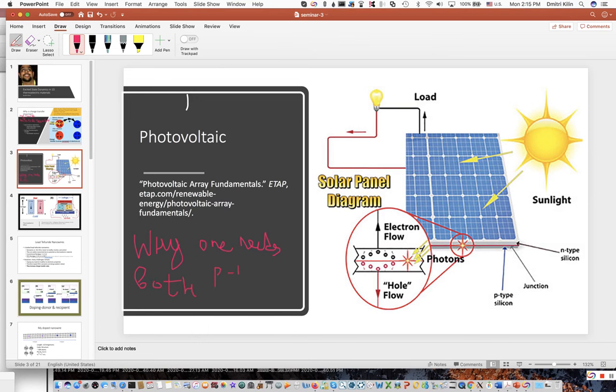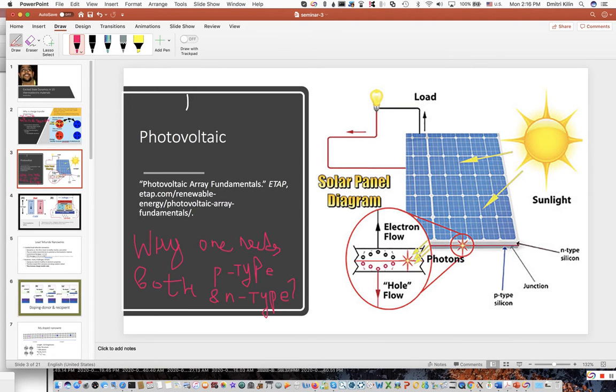Kevin, why does one need both P-type and N-type semiconductors in the same system? Okay. So N-type is your electron donor.